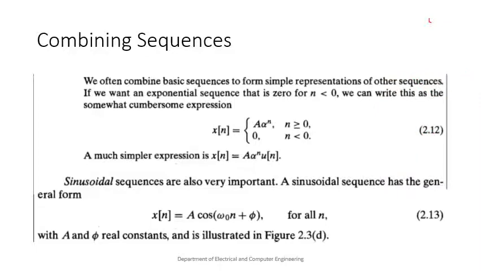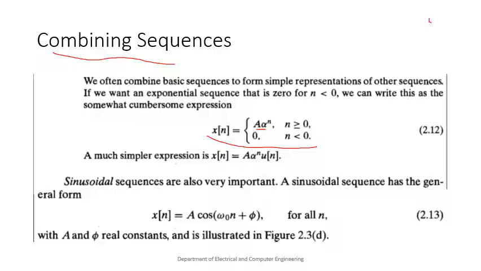In this slide we will talk about combining sequences. So we will use an exponential sequence. We have already talked about this. Previously, x of n was equal to this, with no restriction on n. We can choose n between minus infinity and infinity.